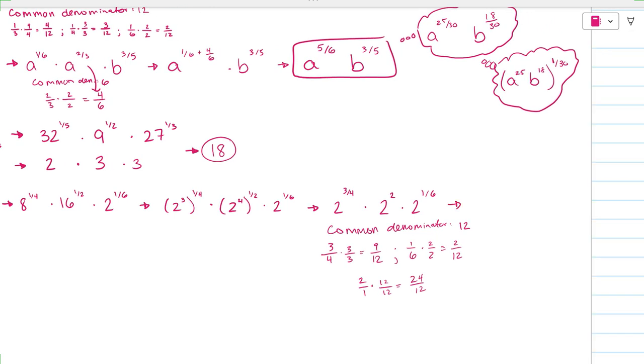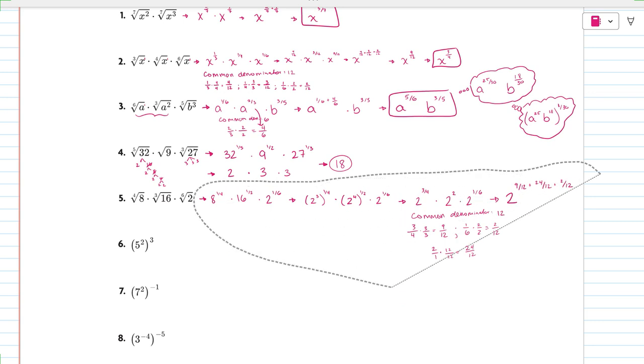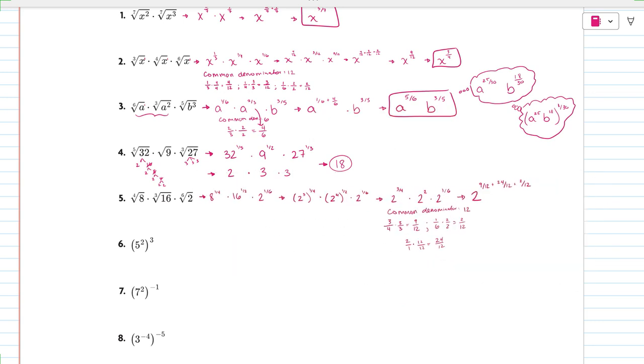So this problem becomes 2 to the 9 over 12 plus 24 over 12 plus 2 over 12. I'm running out of space here. Let me just make this a little bit smaller, give us some more room to work.